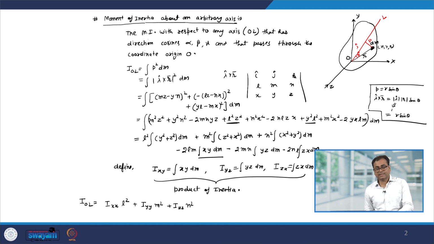So, here Ixx is the moment of inertia of this body about the x axis. Iyy is the moment of inertia about the y axis. Minus 2Ixy Lm minus 2Iyz Mn minus 2Izx Ln.